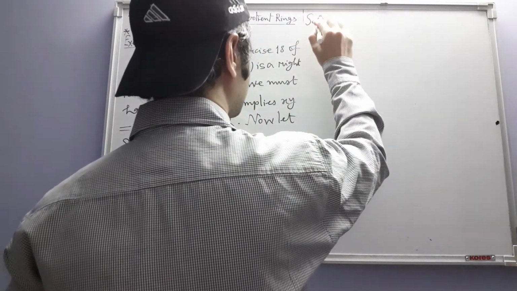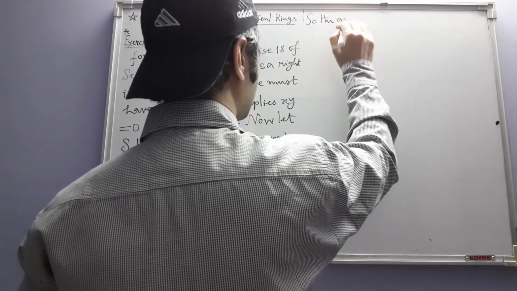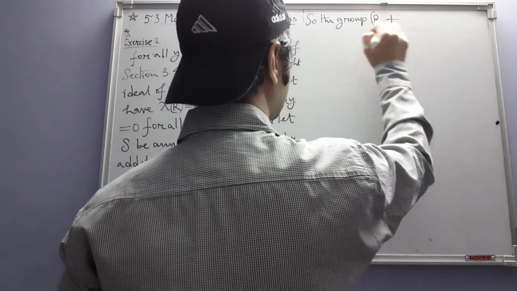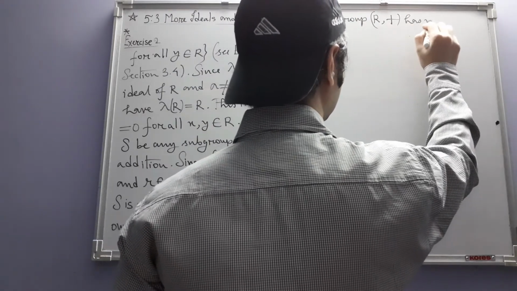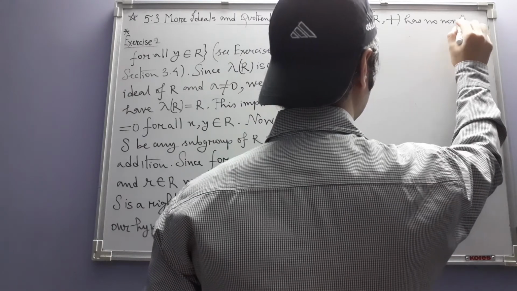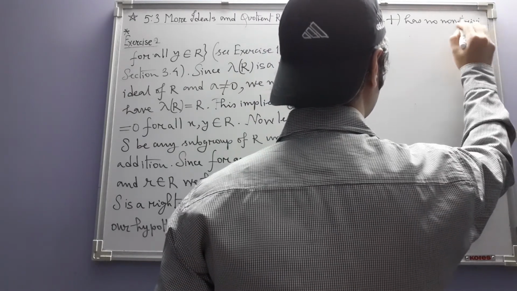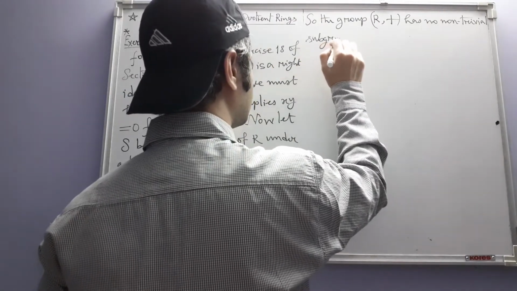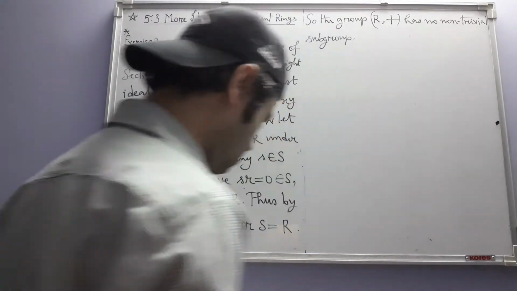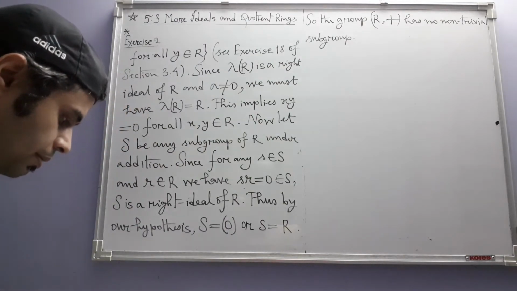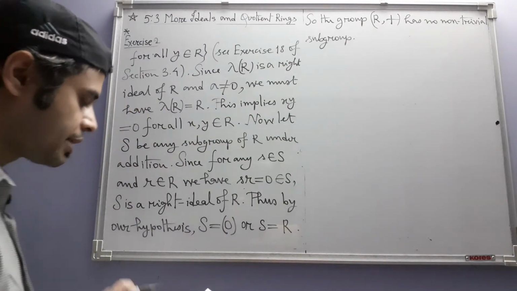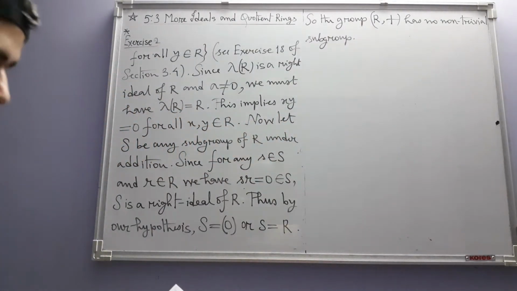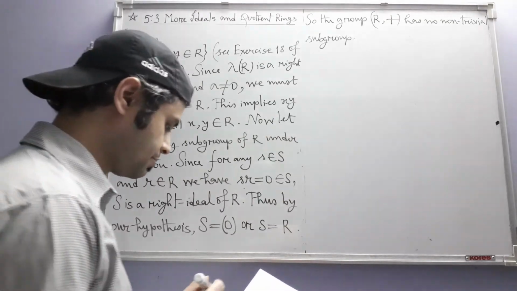So the group has no non-trivial subgroup. And so by exercise 3 we will see these things. Okay, when we study group theory we will prove these things.